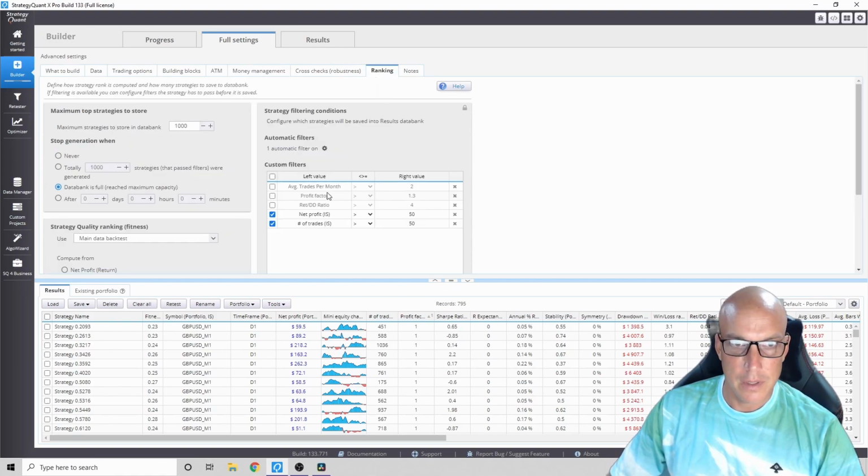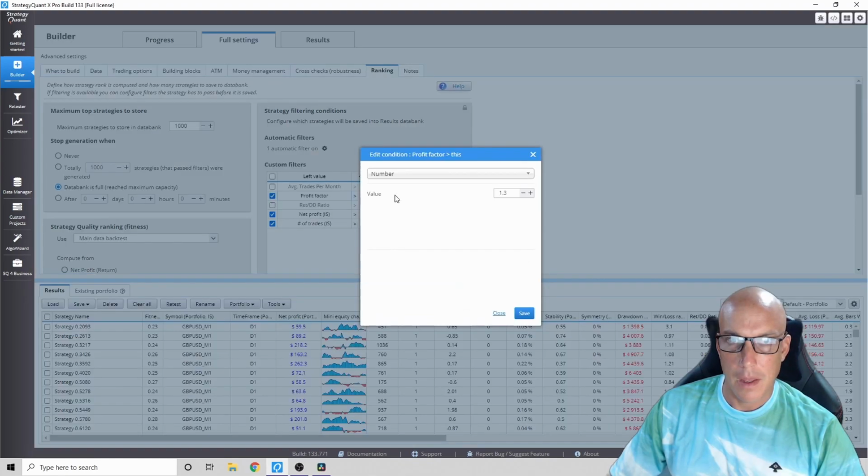So for instance, the drawdown ratio, the profit factor, which we were looking at, you can click on this one, 1.3, or change that if you want. And you can change this to the profit factor you want, profit factors of 2 or more to pass.